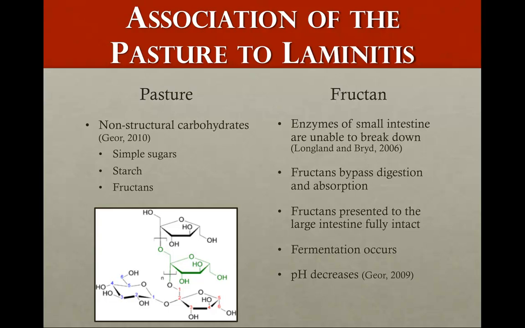Because of this, the fructans bypass digestion and absorption, two processes generally applied to all nutrients consumed. Because the fructan structures are not broken down, they are presented to the large intestine fully intact. Microbial matter of the large intestine then ferments the intact particles and produces the increased acidic environment that contributes to further problems.